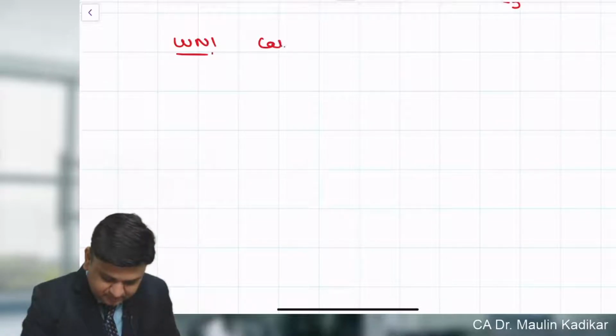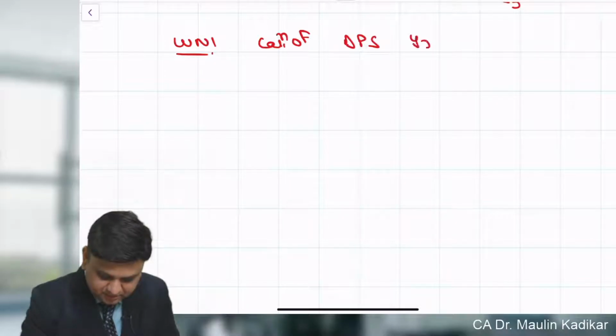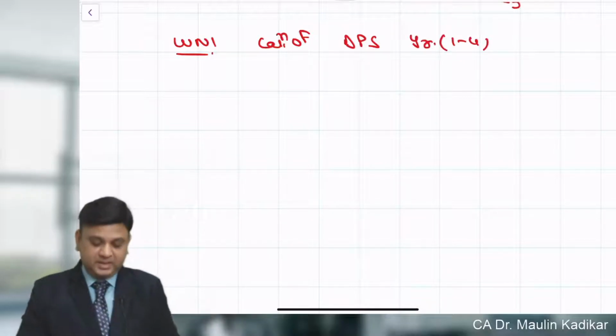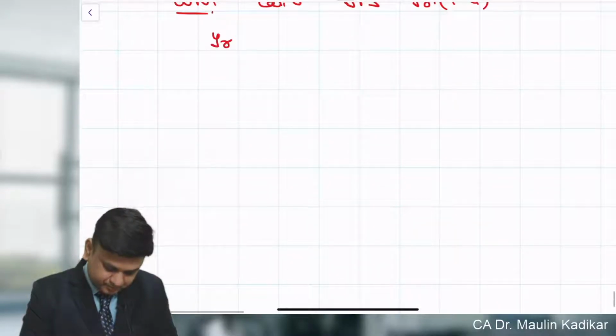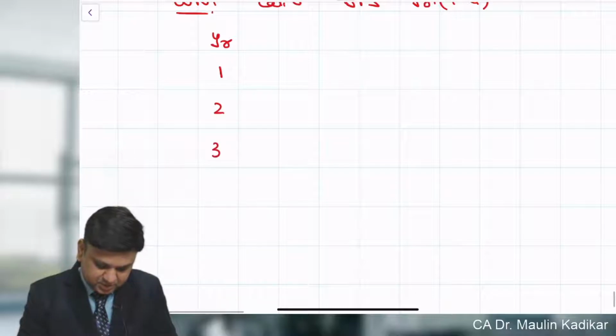Working note number 1, calculation of dividend per share, year 1 to year 4. That is the first working note that I am preparing: first year, second year, third year and fourth year.